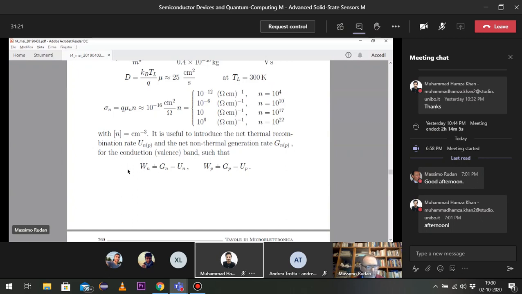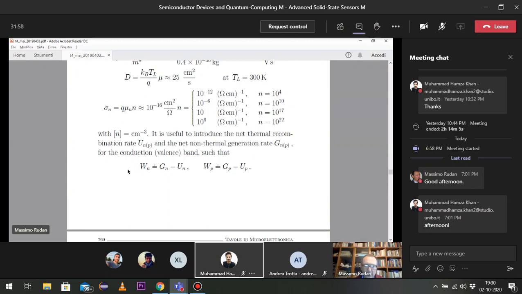To be more precise, Un is the total number of electrons that exit the conduction band per unit volume and time due to thermal collisions, that is, collisions with the nuclei, less the total number of electrons that enter the conduction band per unit time and volume, again due to thermal collisions.